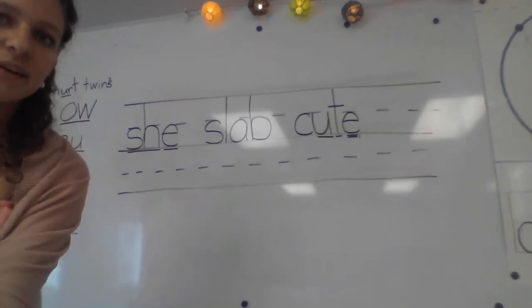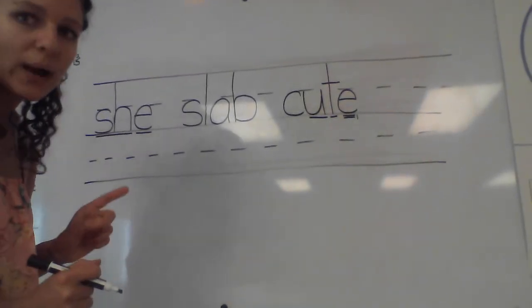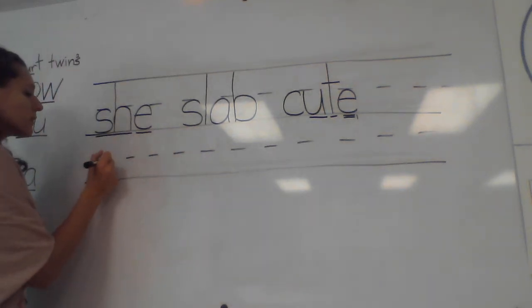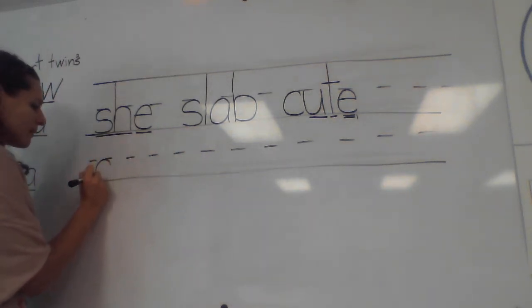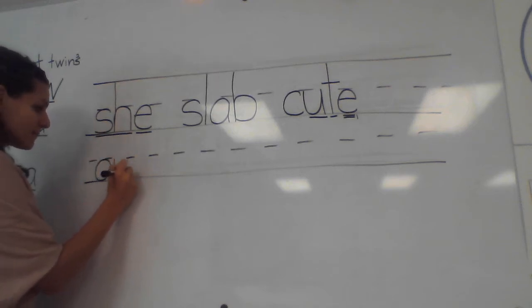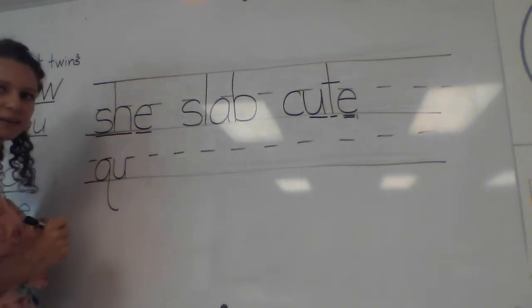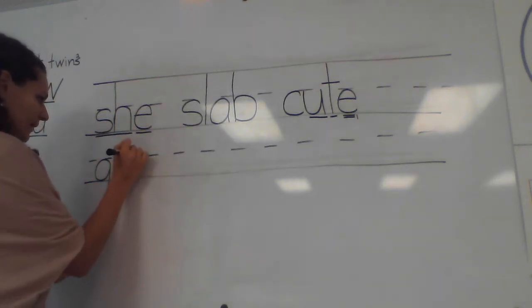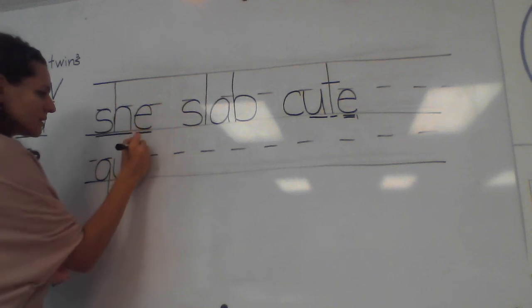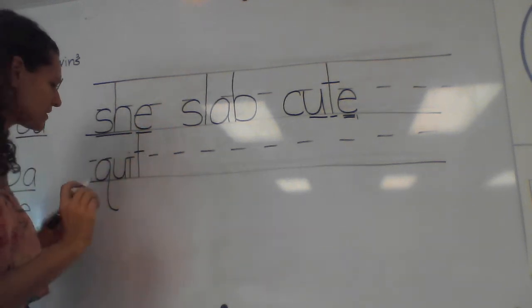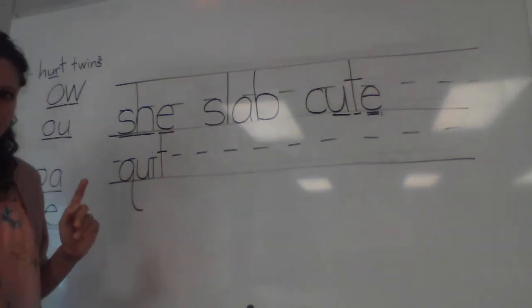Now put your finger under the first phonogram in quite and tell me what I need to write to spell it. Good. Which, remember, I need two letters to make that phonogram. What's next? Good. I. What's next? T. Good. And finally, actually wait before we go on.